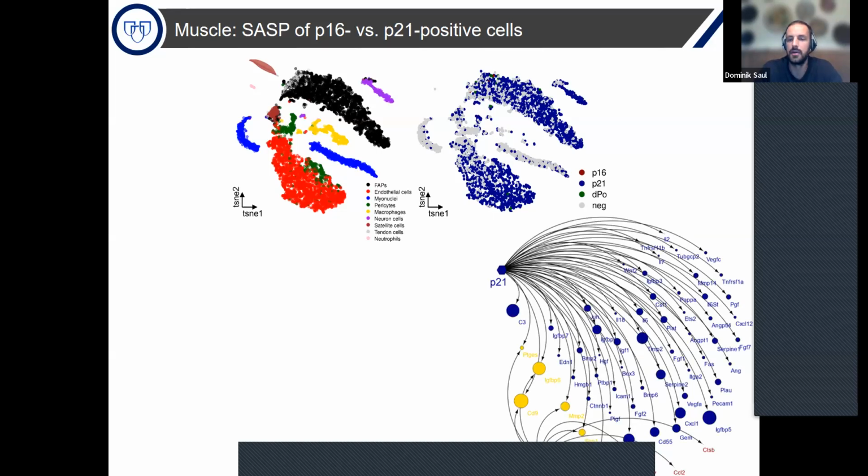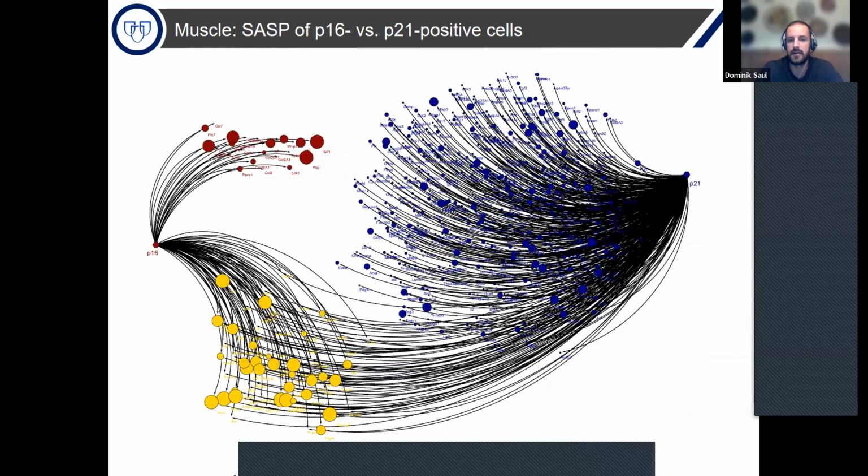And again, you were able to see this pattern coming from SenMayo, that a huge amount of SASP factors is secreted by p21 positive cells, whereas the p16 positive cells have very few factors that are secreted just by them. And then again, some overlap between both of these. This is the pattern that you see when you look at the whole secretome that has been described.